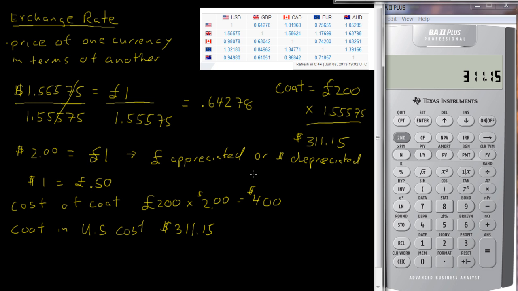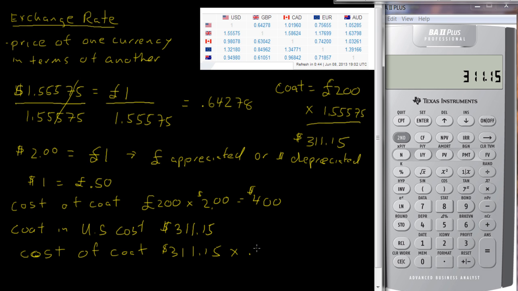Okay, how about for the British person? Suppose that the cost of the coat is still 200 pounds sterling in London. What does the $311.15 coat cost? The cost of the coat is $311.15 times the exchange rate, which is 0.5 pounds to buy $1 US.